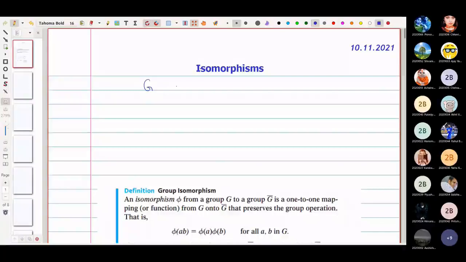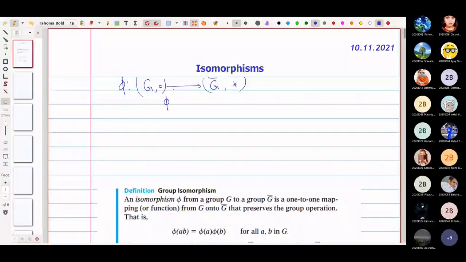Suppose we have two groups G and another group G bar with their respective operations. Here is the composition operation, and this is some star operation. So G and G bar are groups.